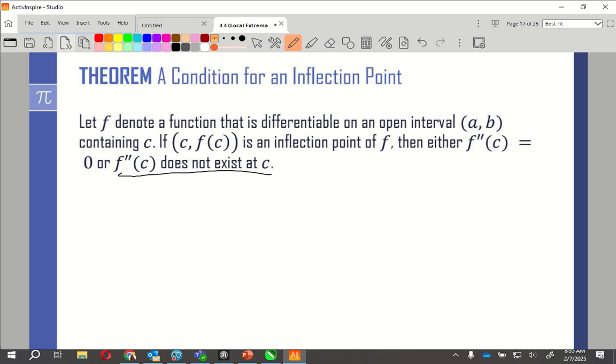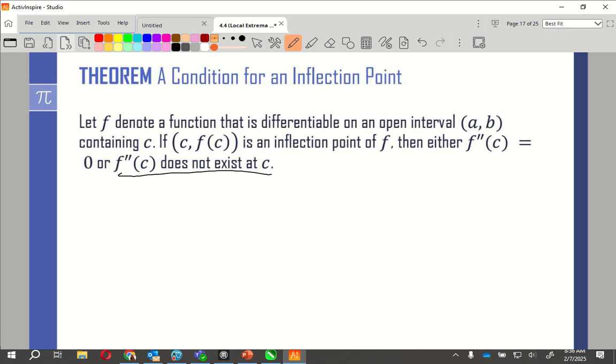Because when we're looking at concavity, for it to be an inflection point, it's got to change from positive to negative, right? So it must change concavity, or the second derivative does not exist, which is also going to happen at the same thing.